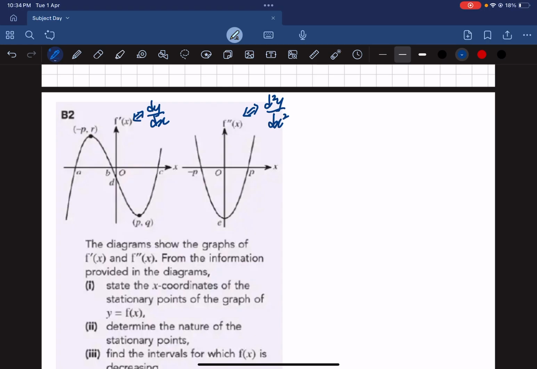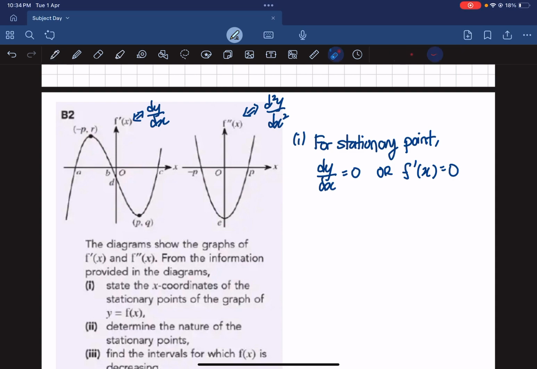Okay, so for part 1, state the x coordinates of the stationary points of the graph of y equals f x. So I know that for a stationary point, we go back to our conceptual understanding. For a stationary point, dy over dx is equal to 0, or f prime x should be equal to 0. So basically, to solve this part, I just need to look at my f prime x graph and find the x-intercepts.